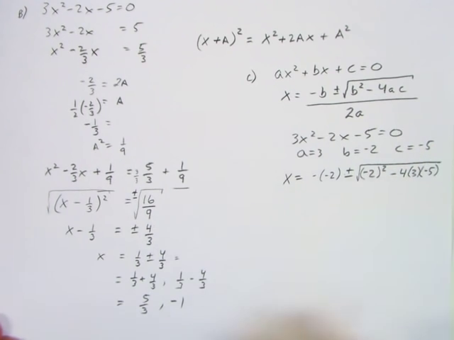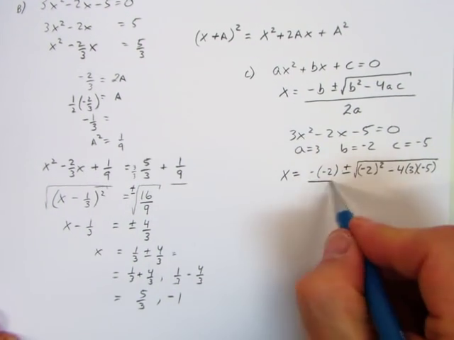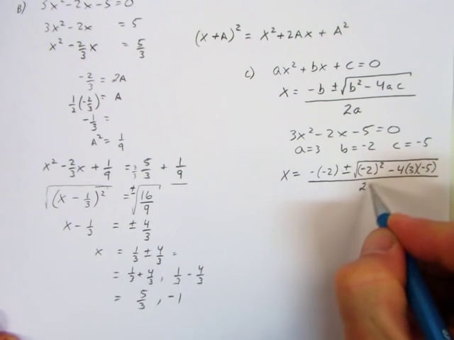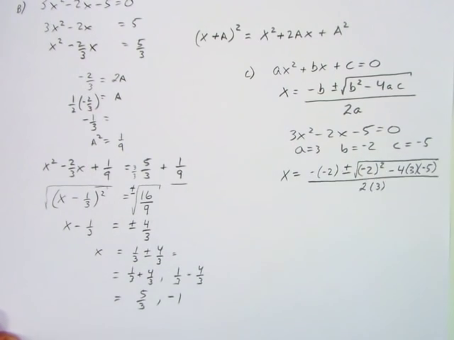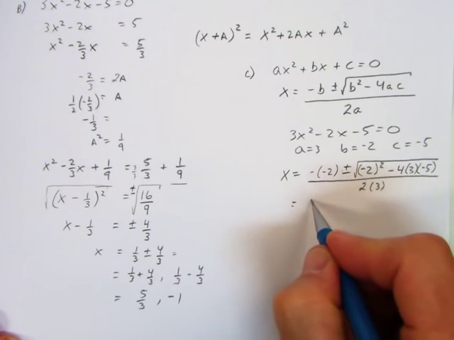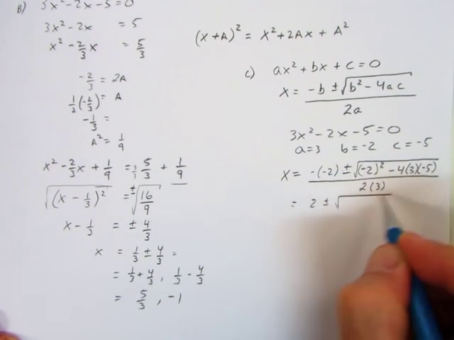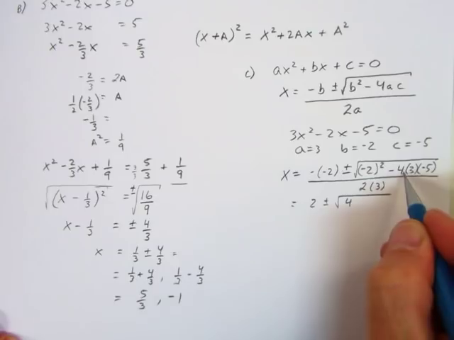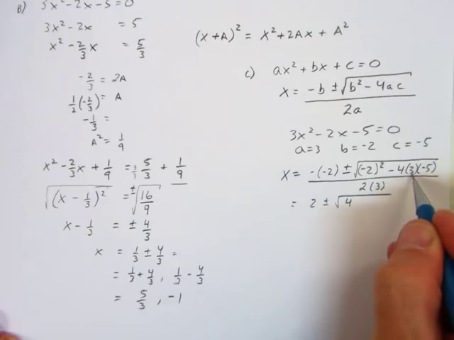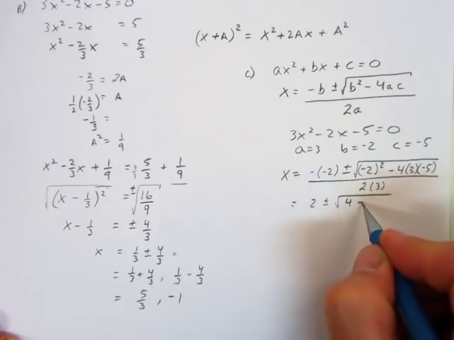And let me extend that out a little bit. All divided by 2 times a. Now it's just a matter of simplifying it. So we have 2 plus or minus square root of 4. This will be 20 times 3 would be 60.